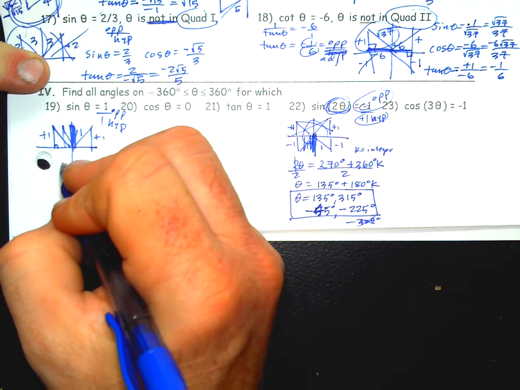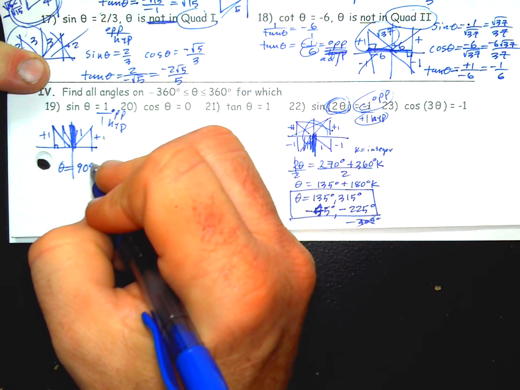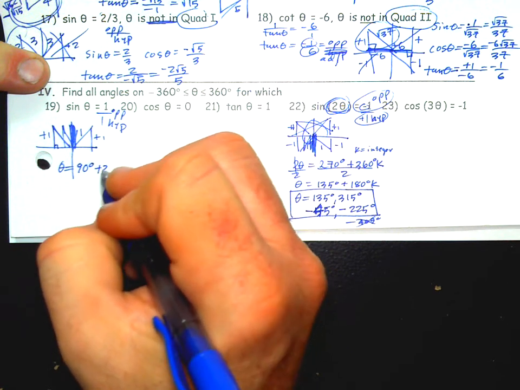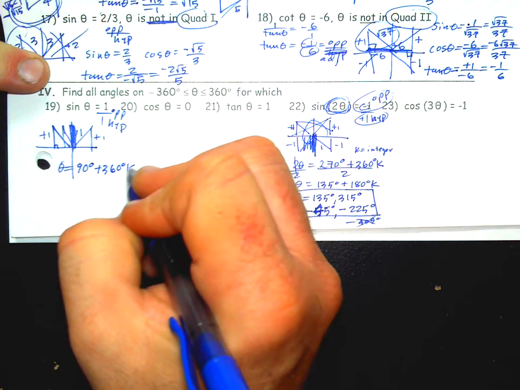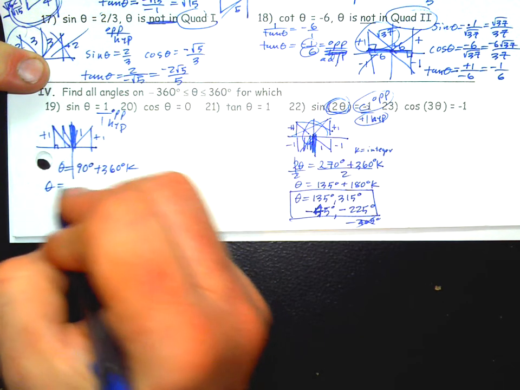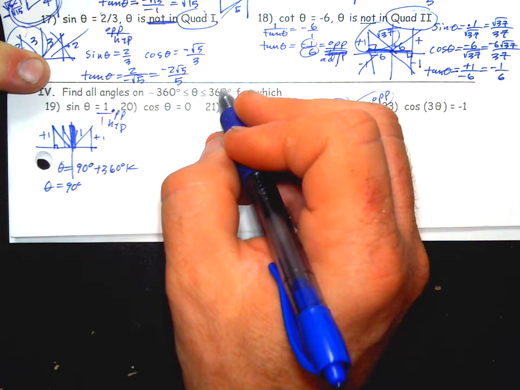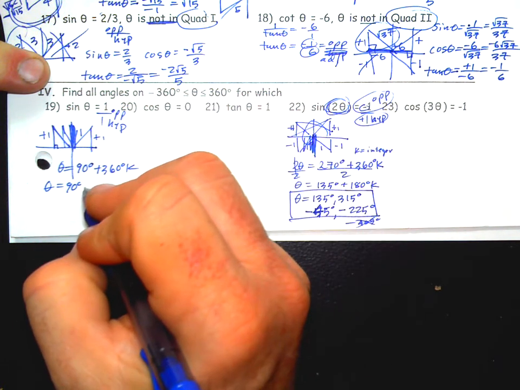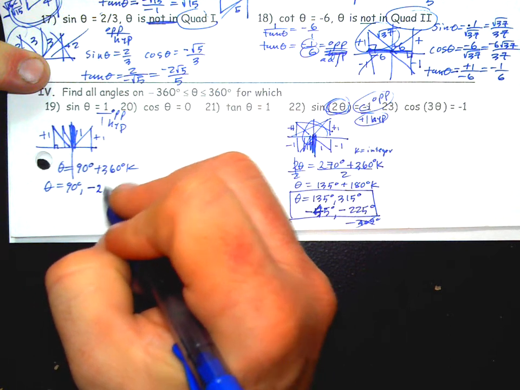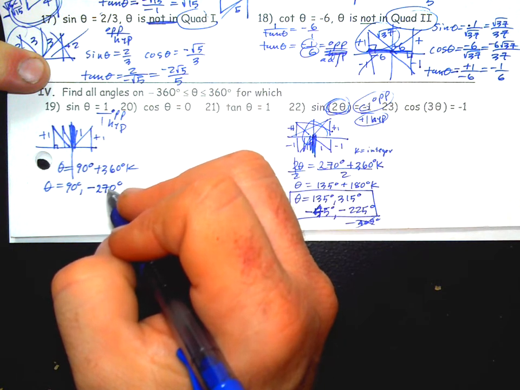So theta equals 90 degrees plus 360K. That's the period of sine. So just in case, you get 90 degrees. If you add the next one, it'd be 450, too far. Subtract 360 from this, you get negative 270. Subtract another 360, you're at negative 630, too far.